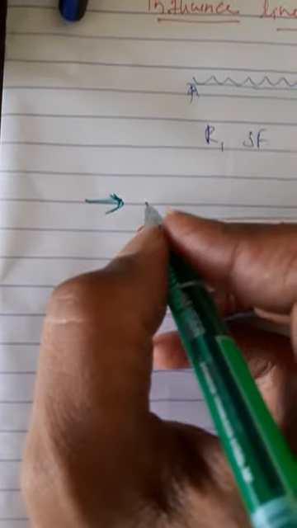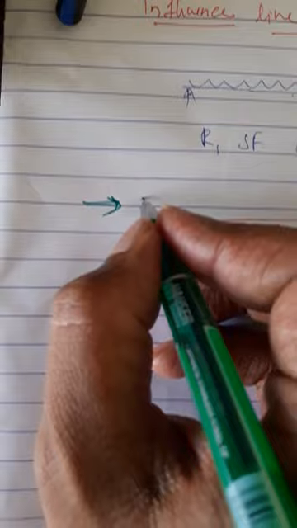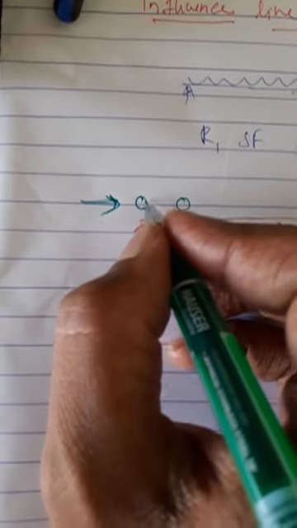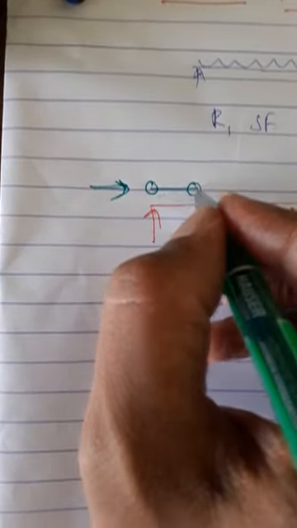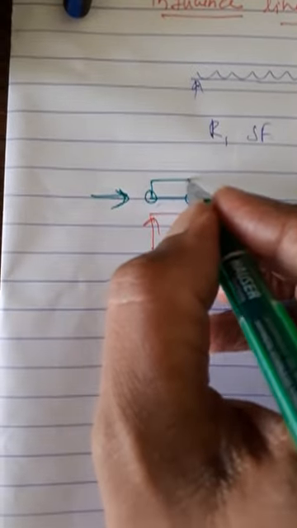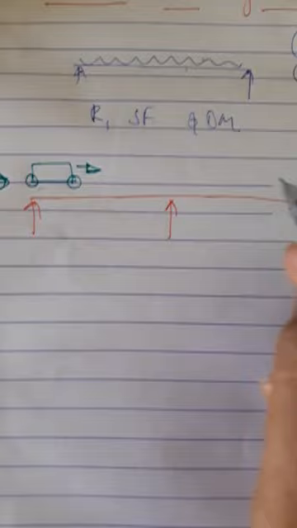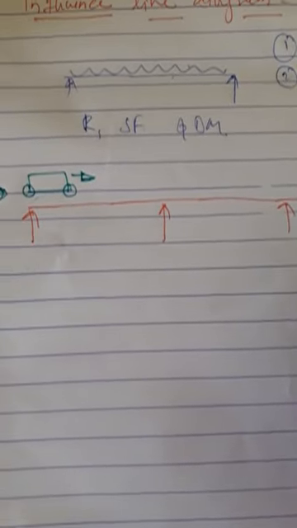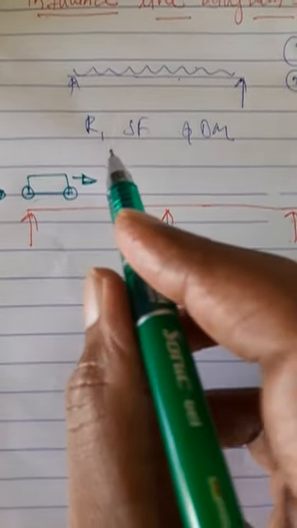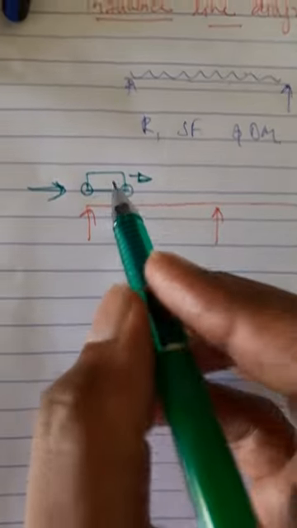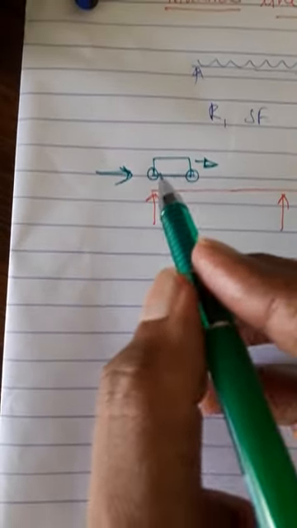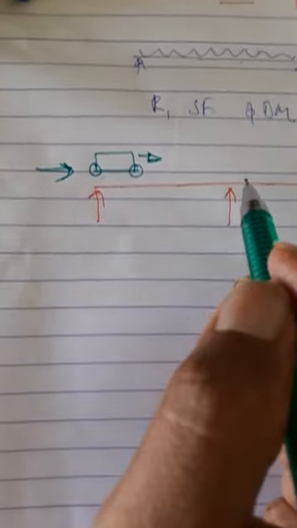Say that vehicle has two wheels, like this. When this tries to move along this bridge, there is variation of shear force, reaction and bending moments, because this load is not constant, it is moving.